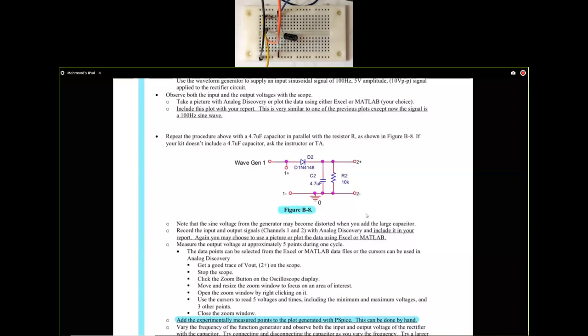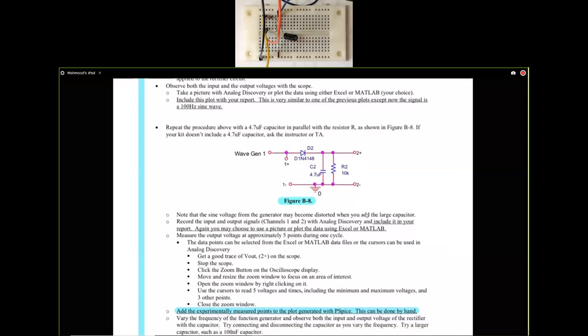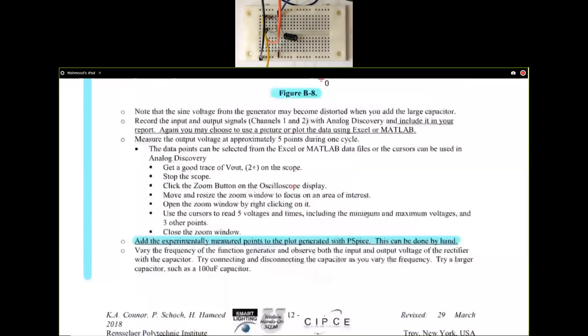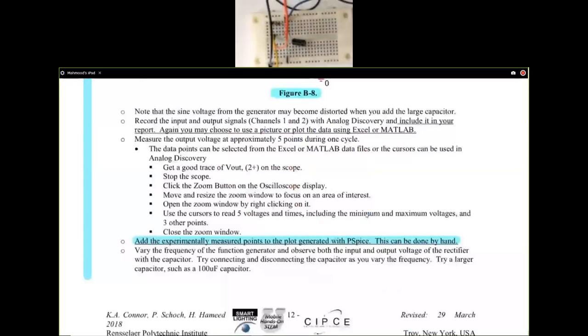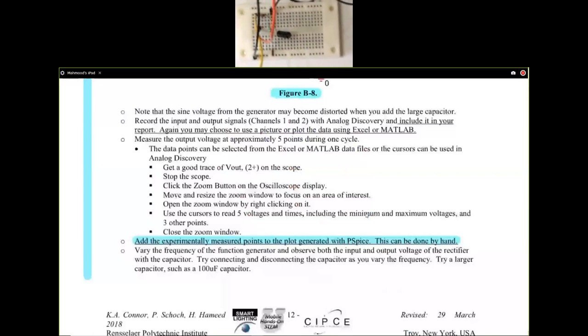The last item says vary the frequency of the function generator, and try to see what the effect is on the rectified output. And we will also change the capacitor from 4.7 microfarad to 100 microfarad and see what the effect is going to be. So we'll do both of them right now.